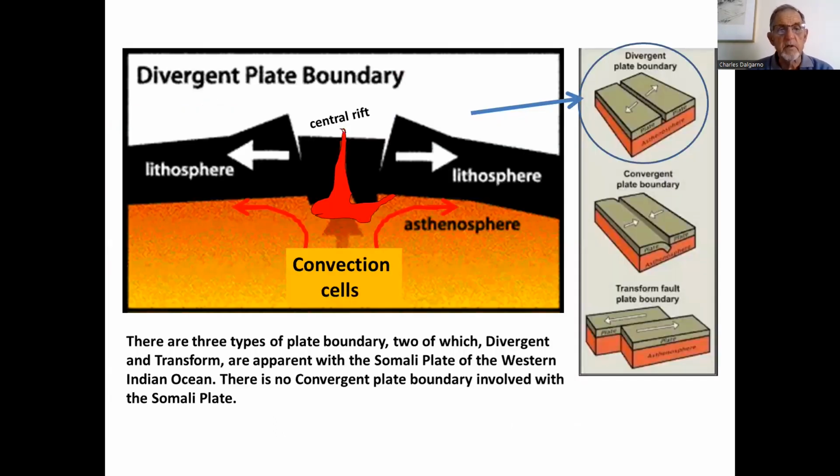Here's the process of separation. You tend to get a central rift, where Lake Victoria, for example, occurs, and a general doming, so the shoulders of the rift stand high. Overall, in a doming region, there's tension at the crest, and the wedge-shaped block drops in the central rift region.